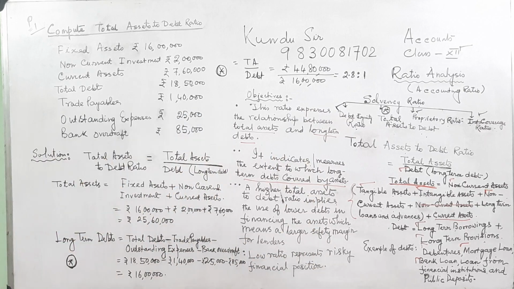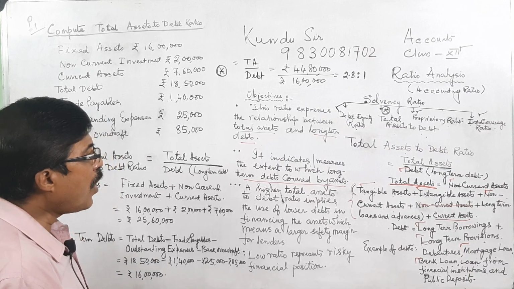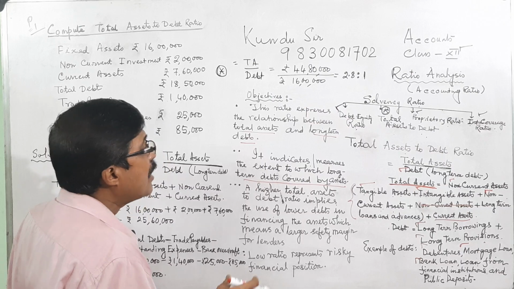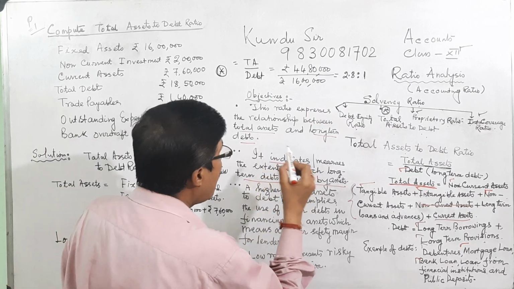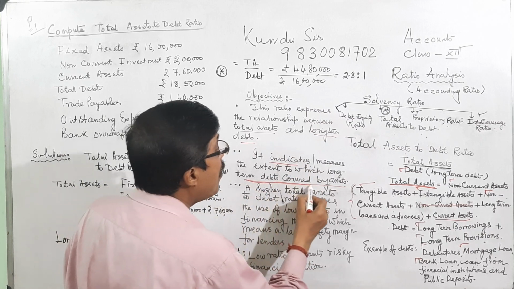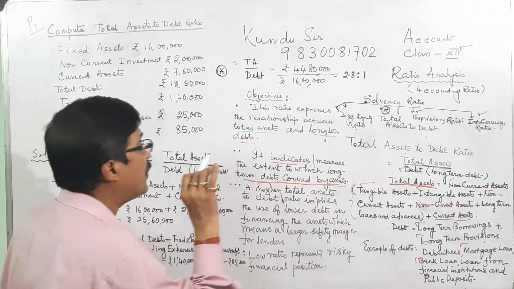That means, when a company takes a loan from another party, those who are giving the loan always consider what is the coverage of the loan by the assets of that company.